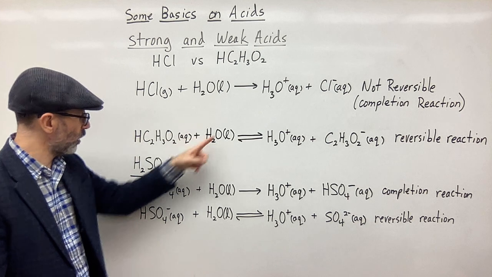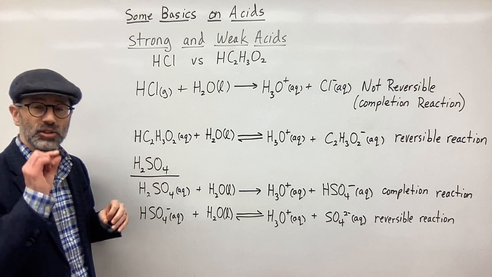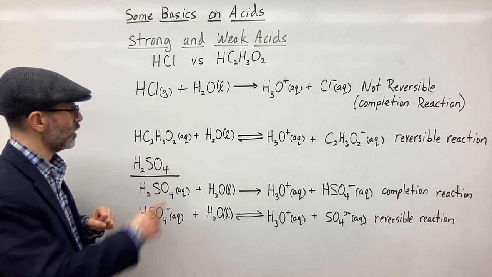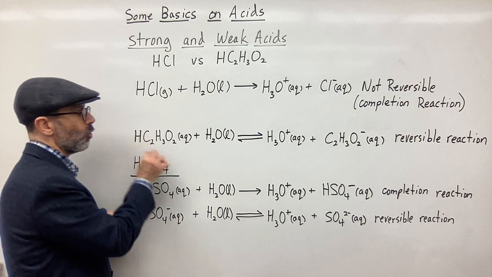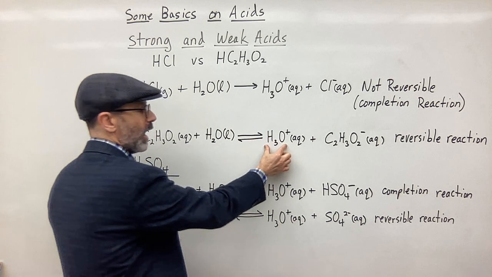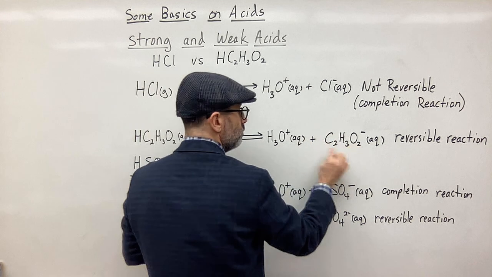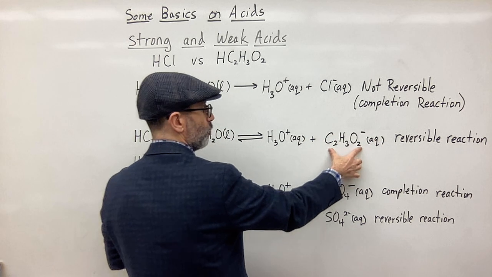Water will take this hydrogen away sometimes. There's a small fraction where it will ionize. So water will come in, take this hydrogen away, and form your hydronium ion, and then your acetate ion, the anion here, will be left.